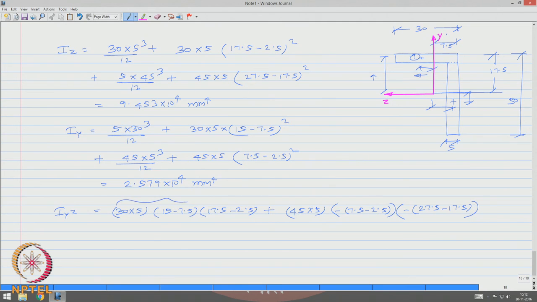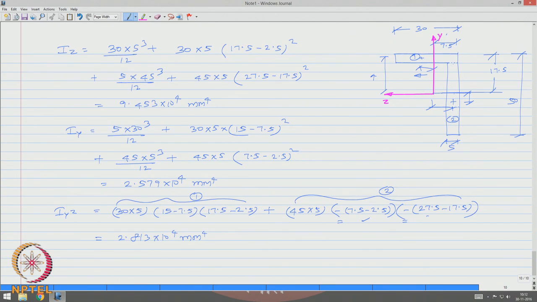So, piece number 2 has got z value negative and y value negative. This distance is 7.5 and this distance is 2.5, and this distance is 45 by 2 and from here it is 27.5 and this 17.5. So, this distance minus this is what we have here. So, I y z after calculation comes to 2.813 10 power 4 mm4.